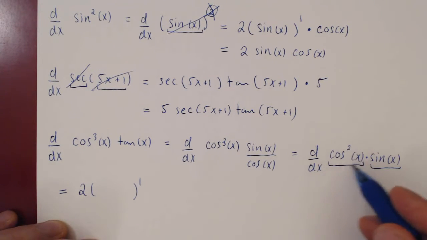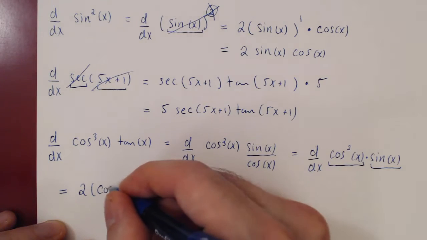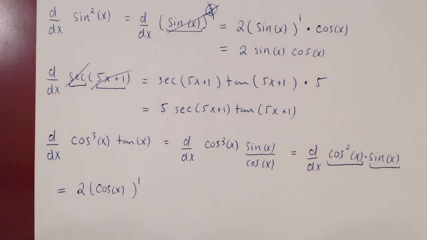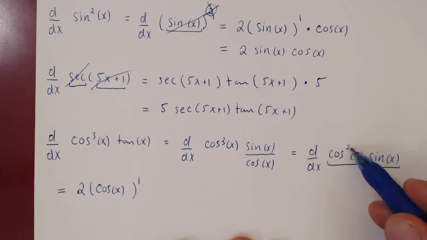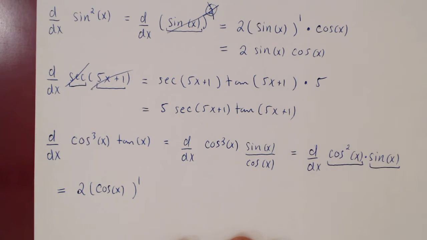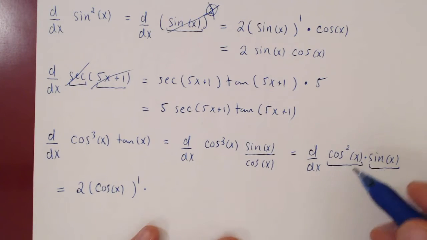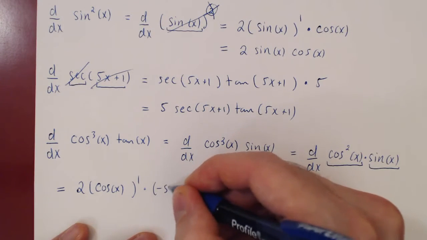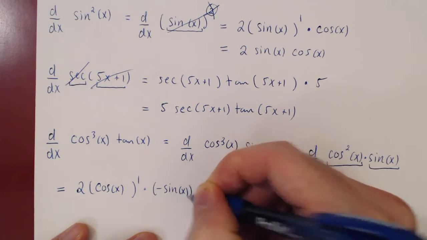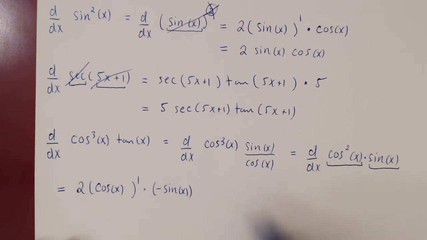Of what? Of cos of x. But that's just the derivative of the power 2. So complete the chain rule times the derivative of cos of x, which is negative sine of x. And that's just the derivative of the first function, cos squared of x.